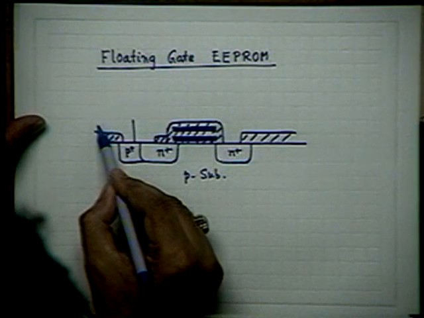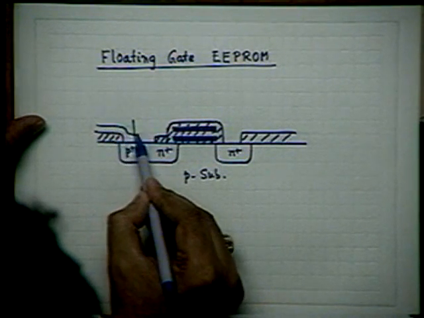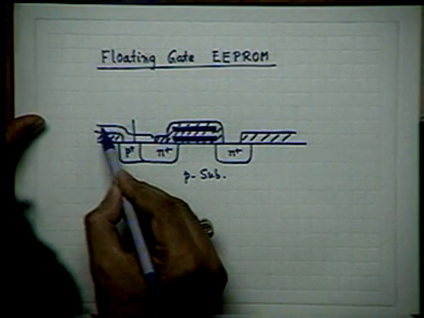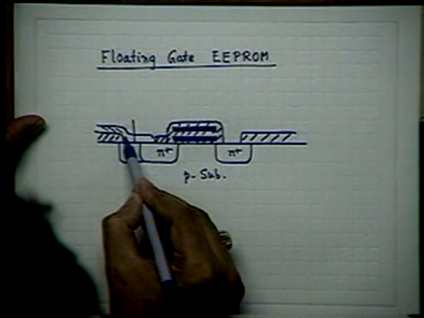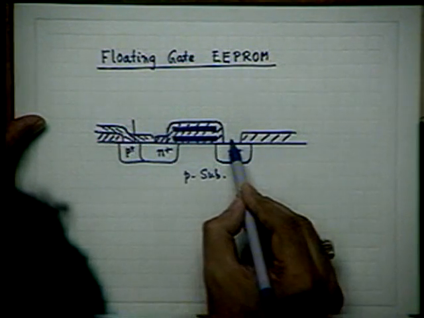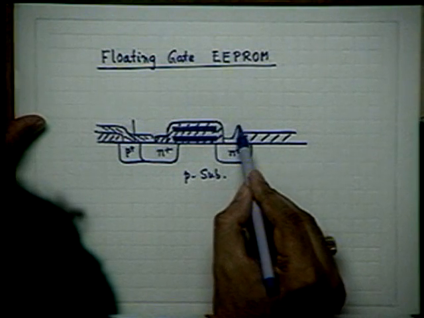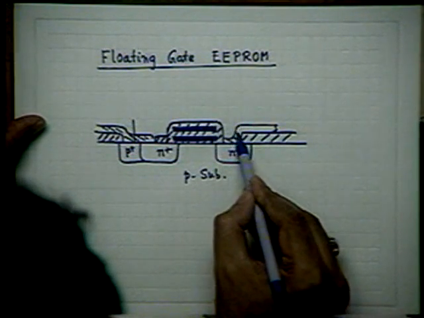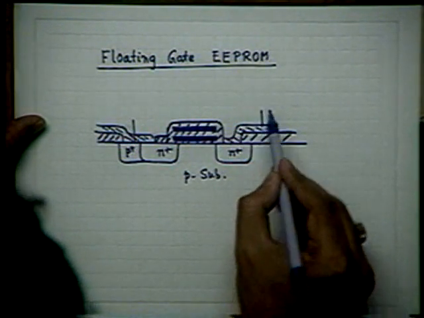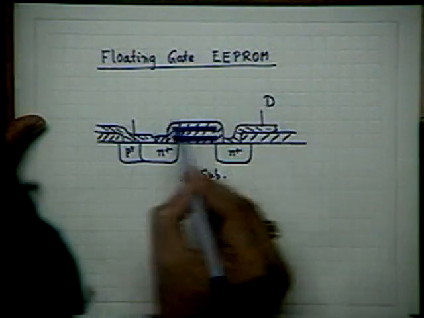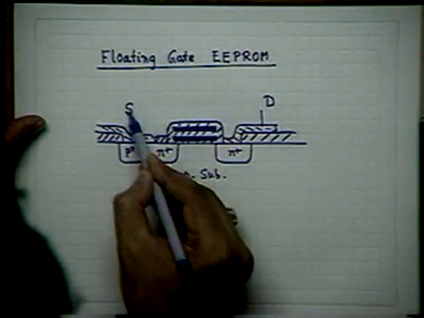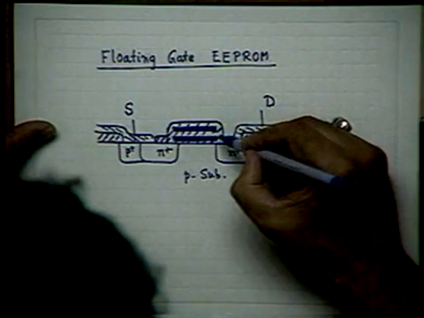Sorry, you have to have some metallization on the top of it. As I told you, this is drain, this is source, and there are two gates now.